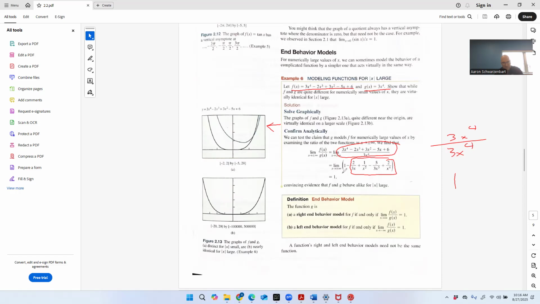As they approach positive and negative infinity, that is 1 minus 0 over 1 plus 0 minus 0 plus 0, a nice little limit of 1. So the right end behavior model for f and the left end behavior model are both 1 if you have an equal leading term of a polynomial.